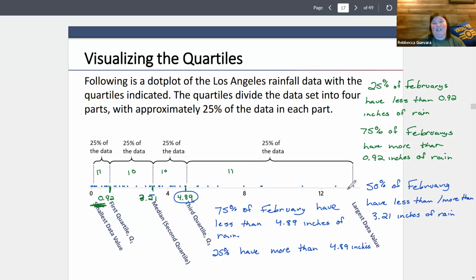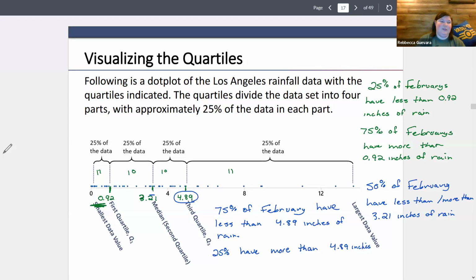We also see having lots of rain is very rare because this is 25% of my data, and that's going from about 5 inches of rain up to, what is that, like 16 inches? So that's a big range. Being out here is not very common.